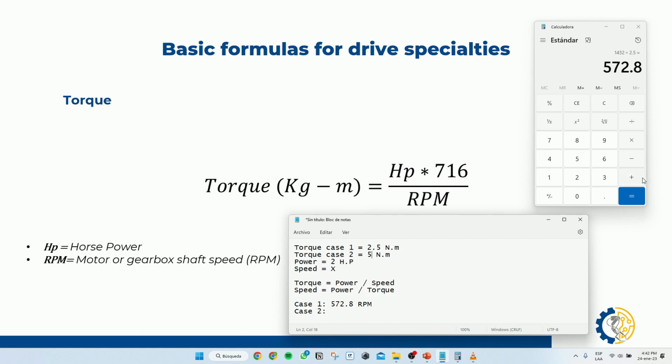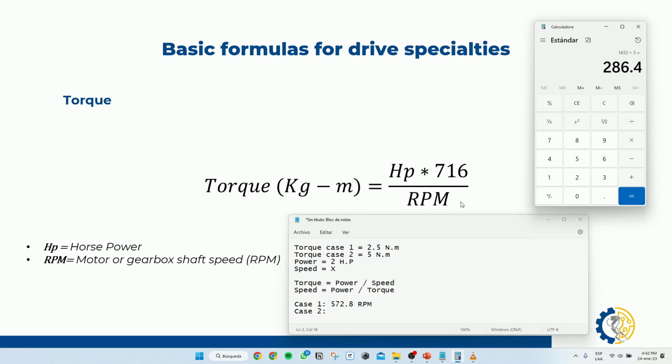So again, I'm going to substitute. Oh, sorry. That's 2 times 716 divided by 5 Newton meters.